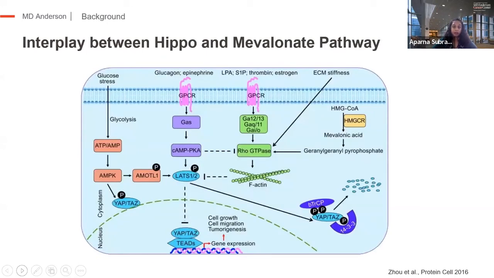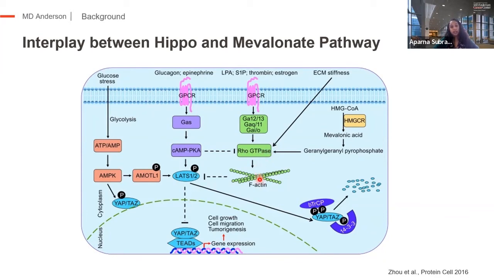Looking at the interplay between the Hippo and the mevalonate pathway, we see that the mevalonate pathway metabolite GGPP results in the activation of Rho-GTPase by prenylation and membrane association.